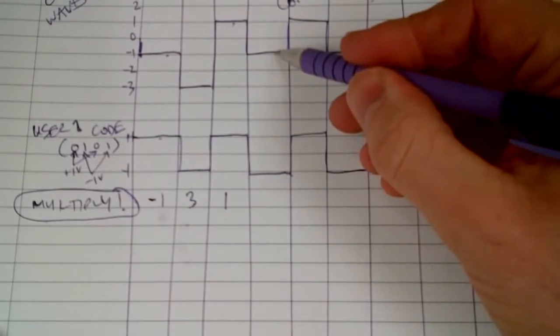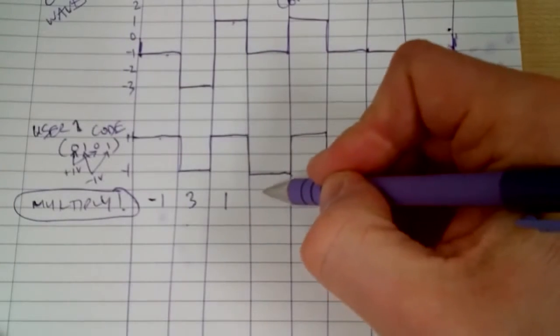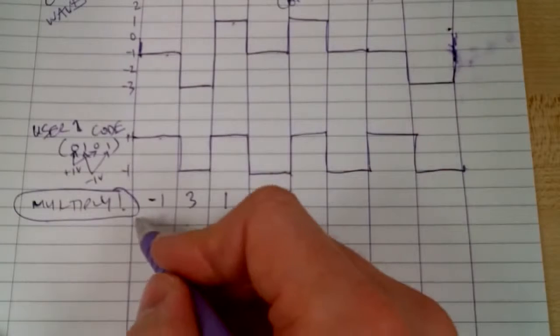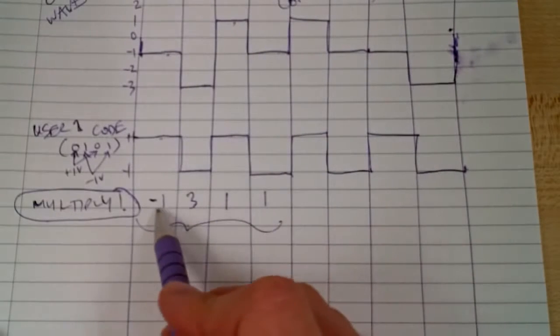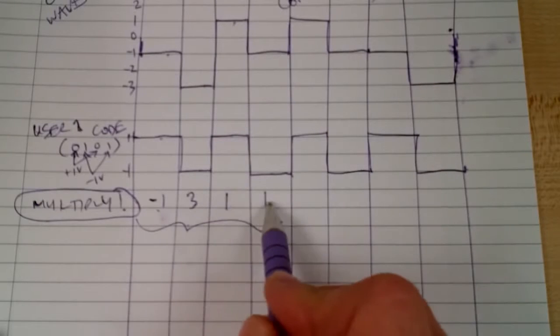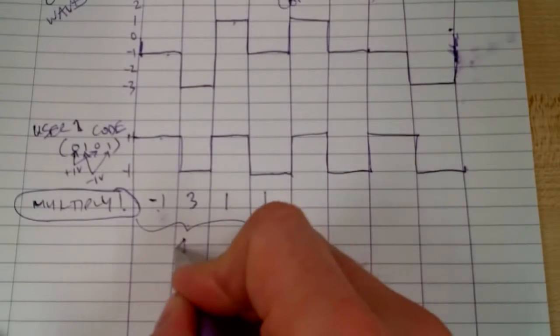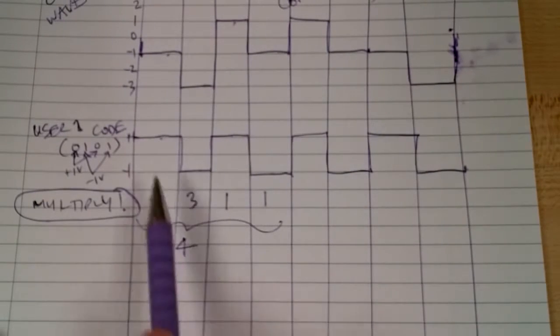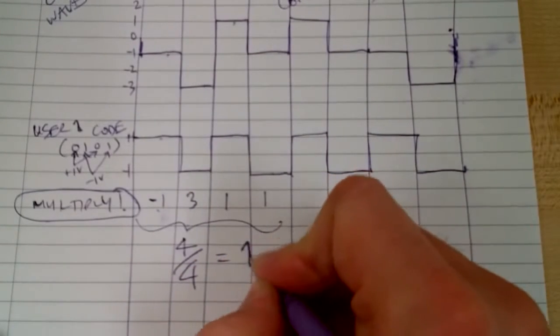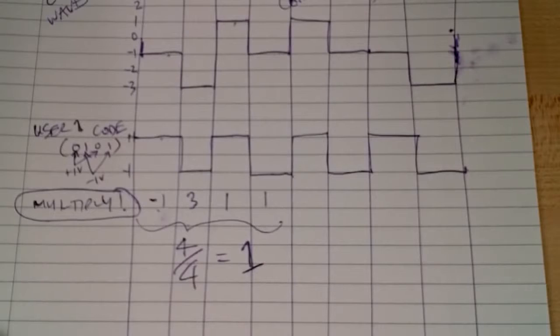Then we have -1 times -1 is 1. So then we go, what does that work out to be? -1 plus 3 plus 1 plus 1 equals 4. But this is occurring 1, 2, 3, 4 times, so we average that out. It works out to be 1.